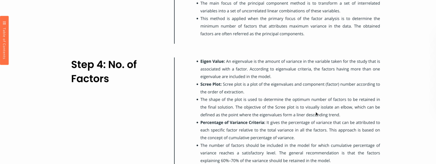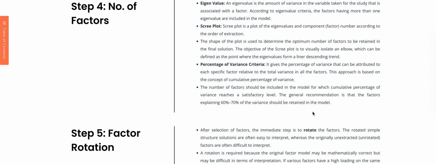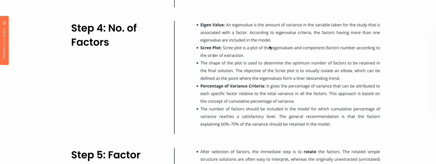Step 4, number of factors. Eigenvalue: the eigenvalue is the amount of variance in the variables taken from the study that is associated with the factor. According to the eigenvalue criterion, factors having an eigenvalue of more than one are included in the model.